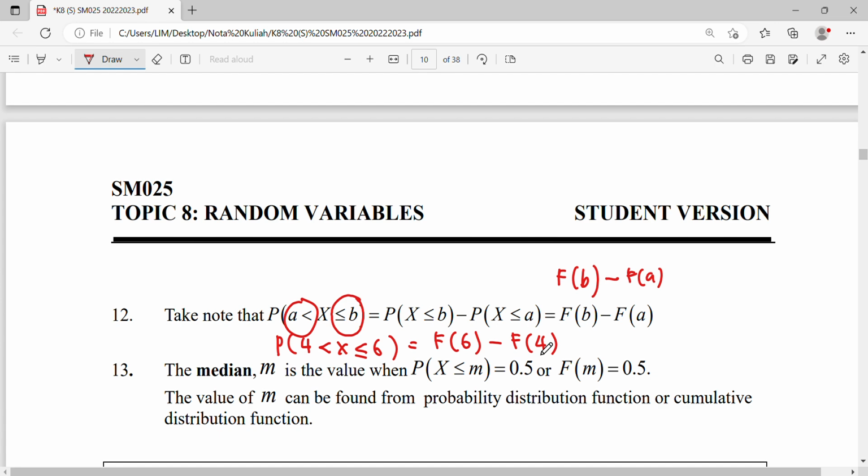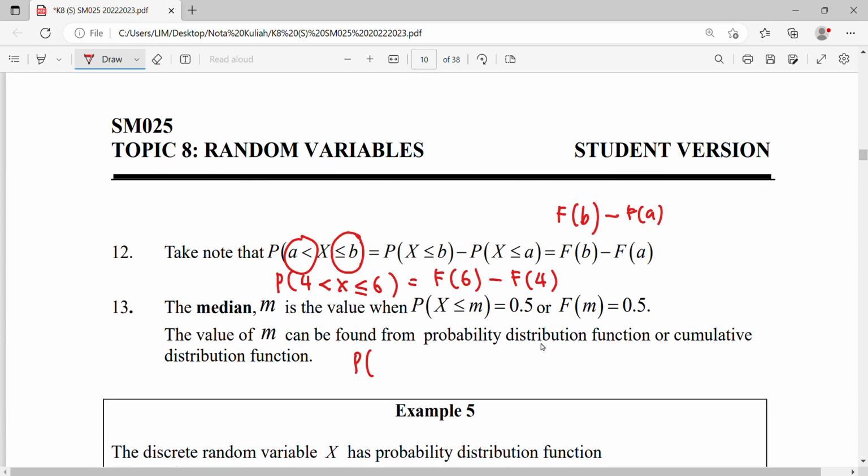So if the situation changes like probability where 4 is included, of course our formula will be different. We can accumulate up to 6, but when we minus that time, 4 is included. So 4 I cannot minus out. So before 4, we minus, accumulate until 3 only. Random variable before 4. So maksudnya semua probability yang dah accumulate sebelum 4 tu F3 lah.